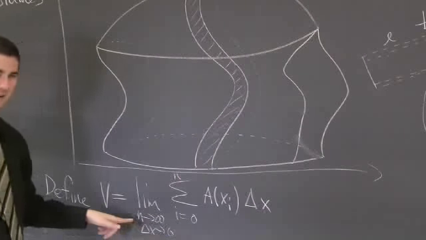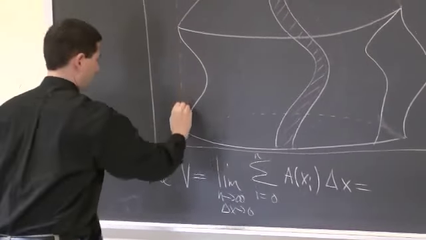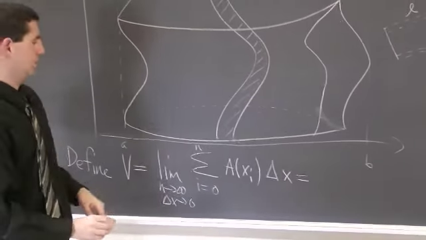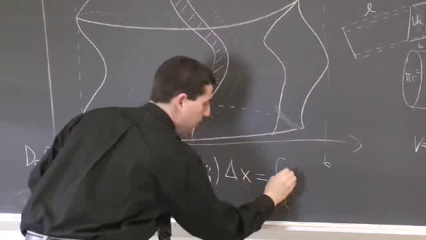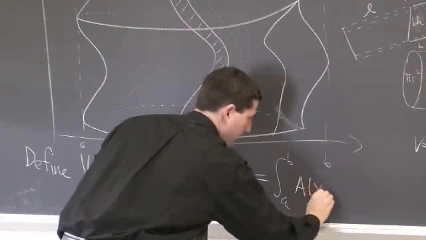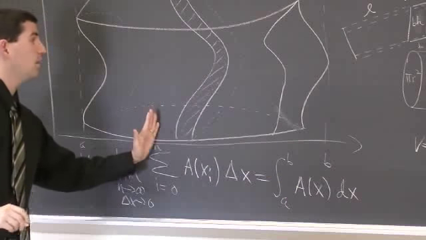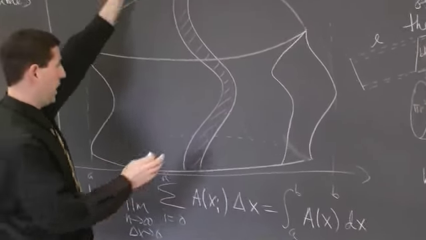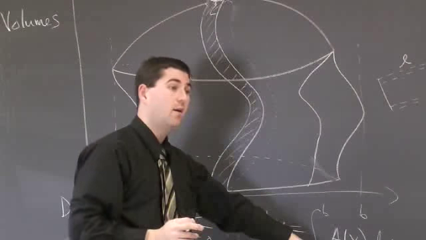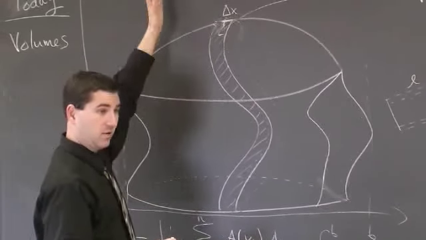But this is exactly the definition. Say if we're going from A to B, this is exactly the definition of the integral from A to B of the area function dx, where what this function does is it tells you at any point x, take the perpendicular plane to the x-axis and get a cross-section, and look at the area of the resulting region you get, the resulting cross-section.